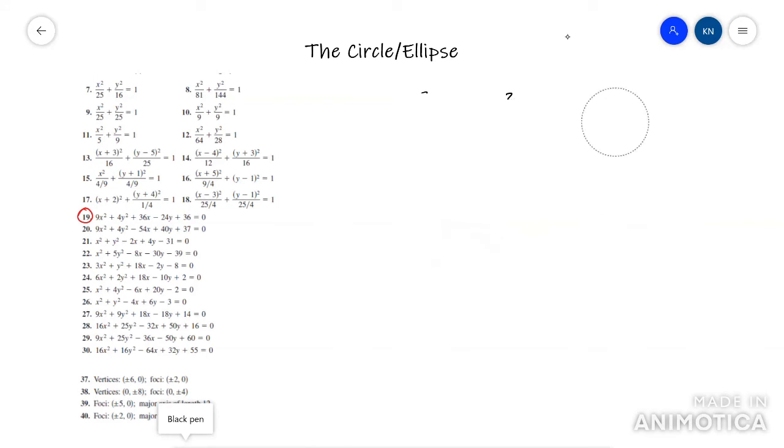24. Okay, I'm going to first group things. I'll try to show more work on this one because this is a difficult problem.